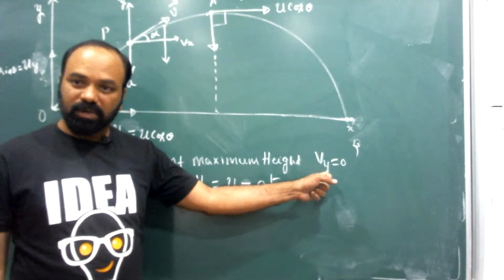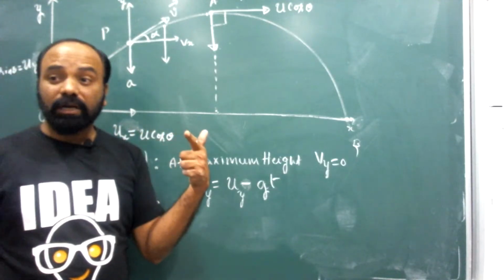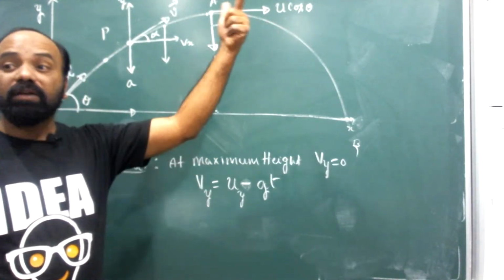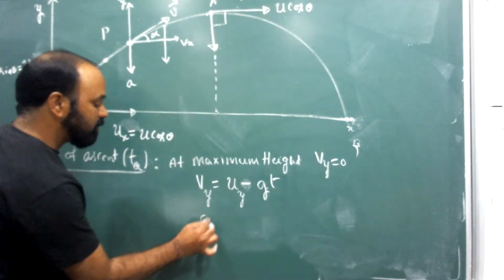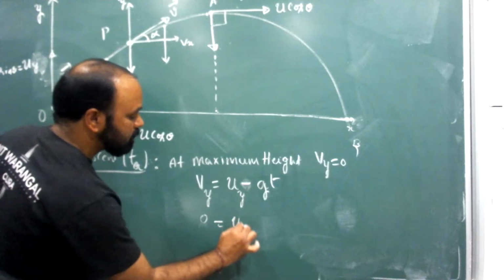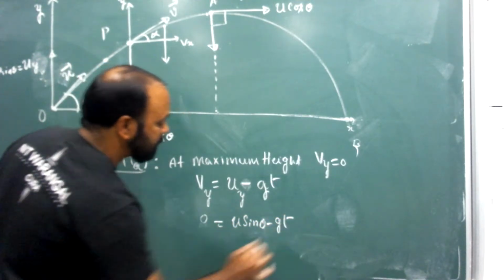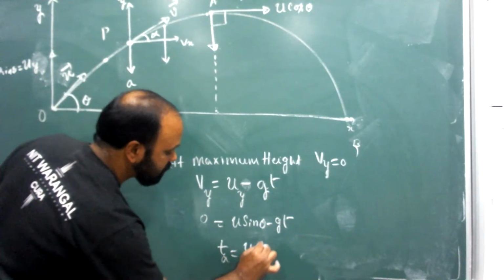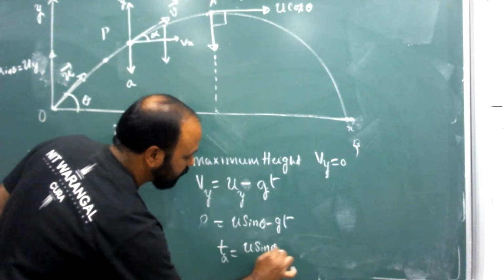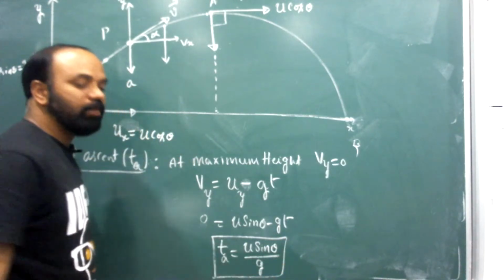Whenever it reaches the maximum height, from the definition of time of ascent, the vertical component becomes 0. This is u sin theta minus gt. So we want the time: time of ascent is equal to u sin theta by g. This is the formula to find the time of ascent.